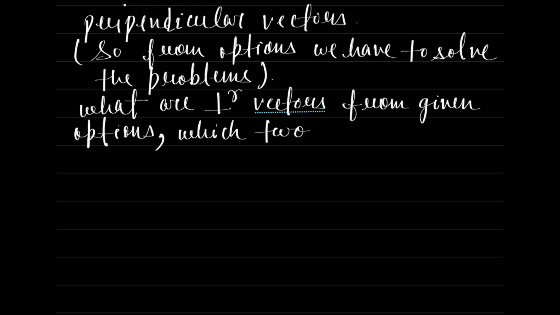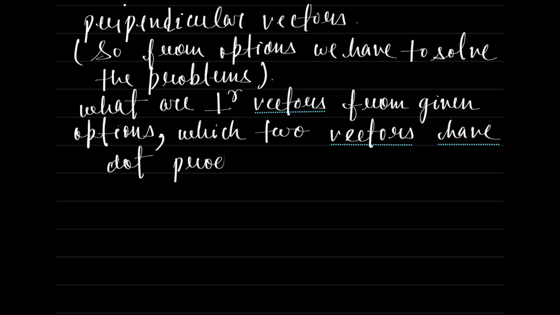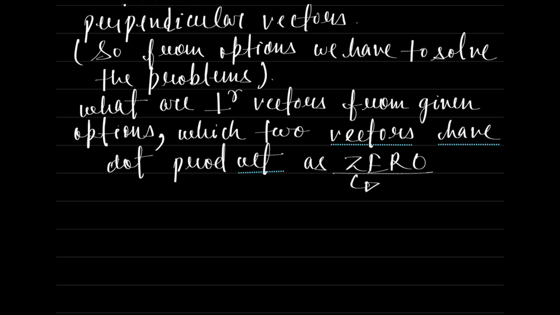Which two vectors have dot product as 0? That will become our orthogonal set.